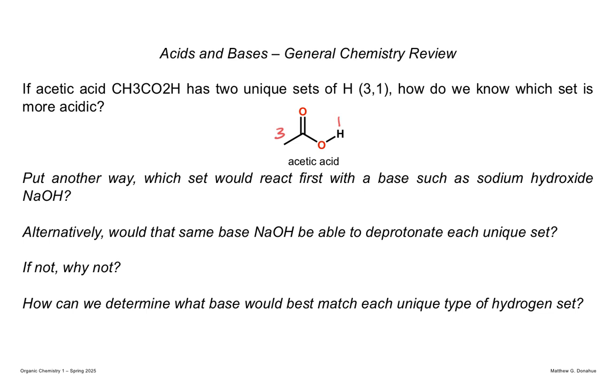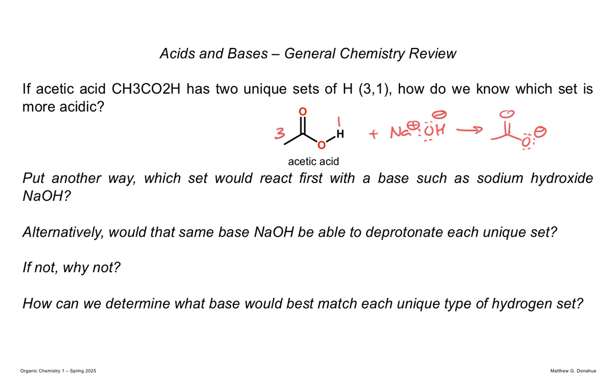If we were to take acetic acid and treat it with a base, sodium hydroxide, the products of that would be that anion.